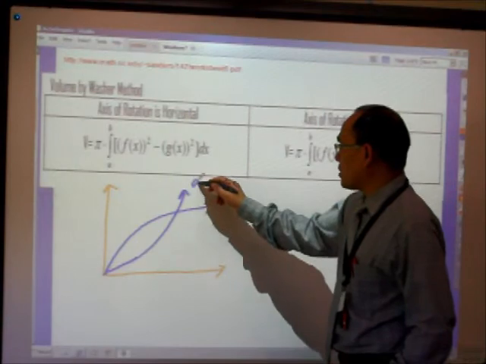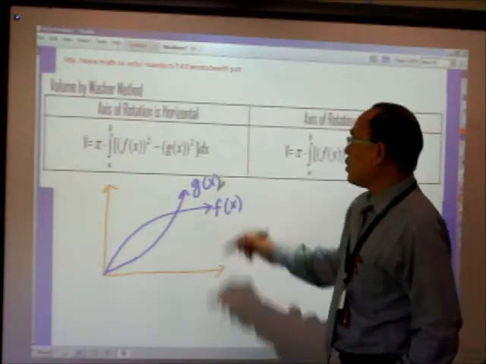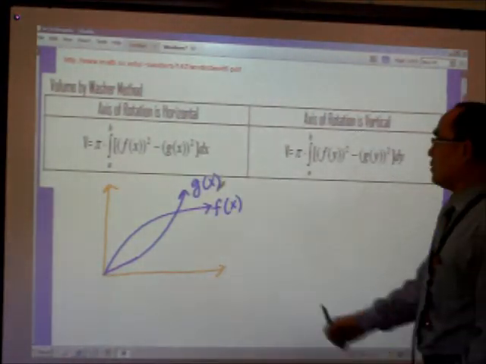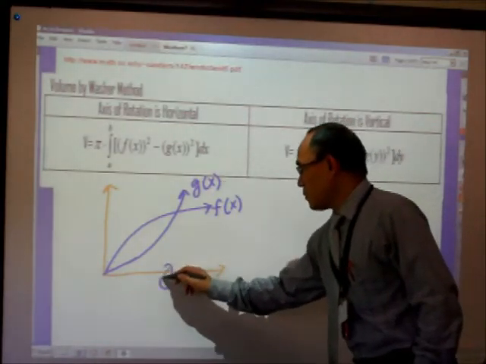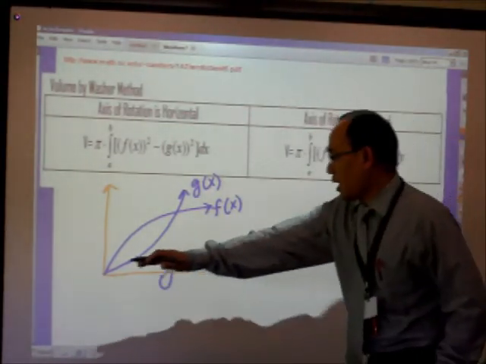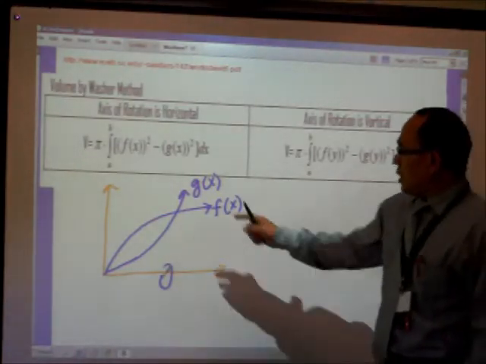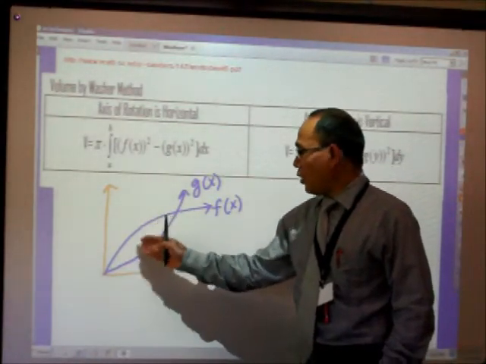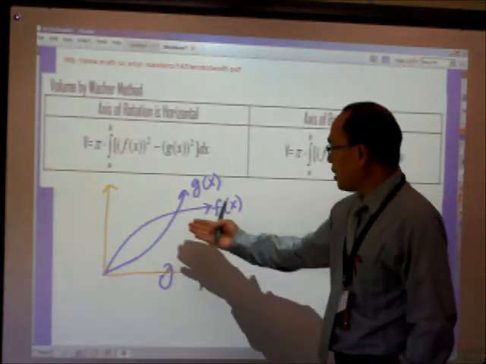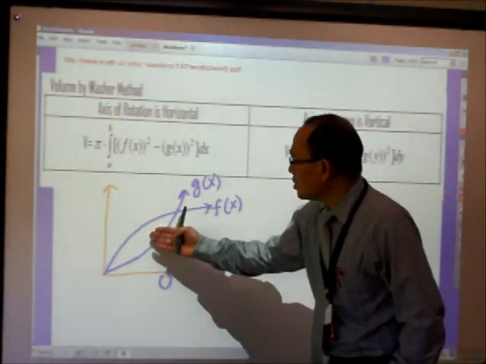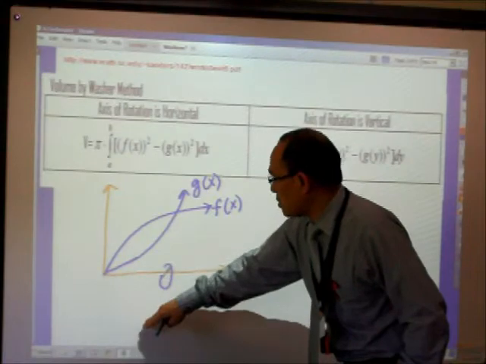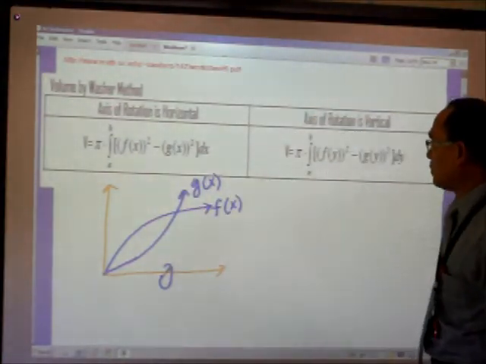We will call this g of x. So if we are going to rotate it above this axis, horizontal axis, above the x-axis, the formula in finding the volume generated when we rotate this region above the x-axis is given by this formula.